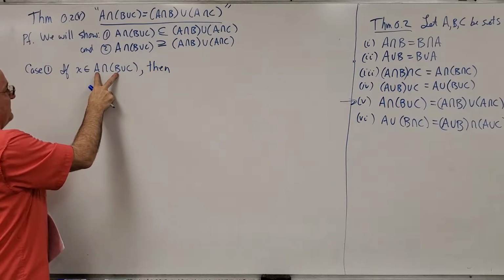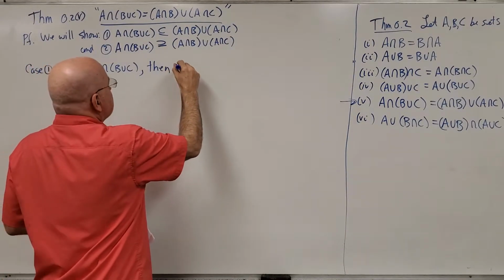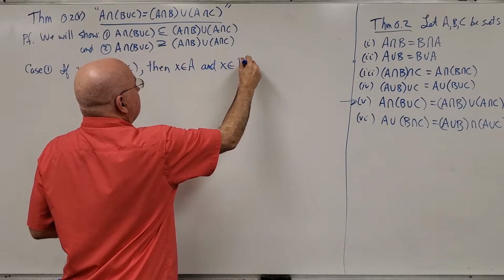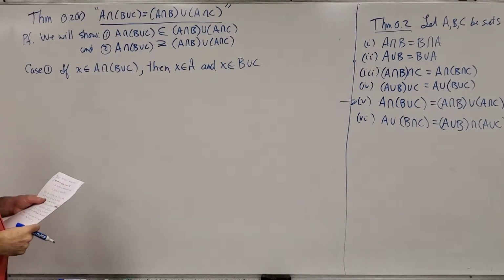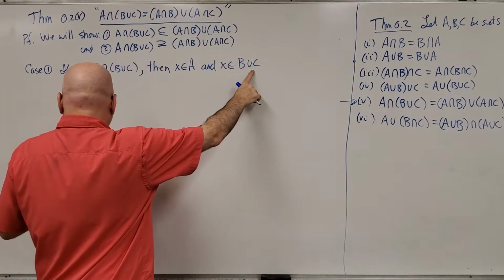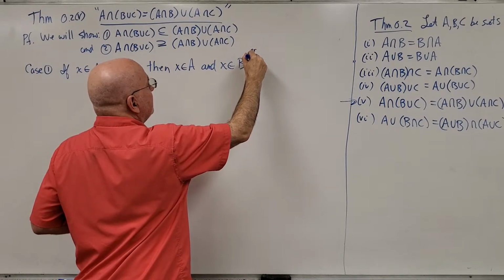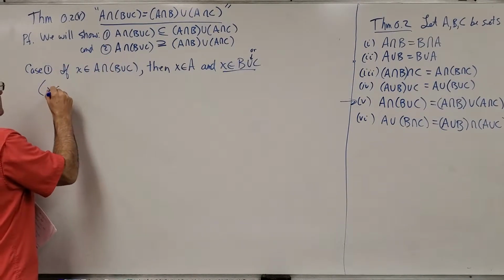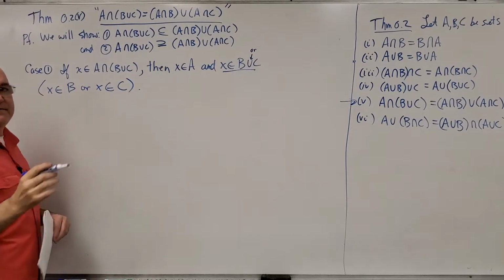Intersect means it's in both of these. Remember, intersect, the little word that goes with it is "and." Then X is in A, and X is in B union C. And remember what union means: this part here in parentheses means X is in B or X is in C. One of those is true.